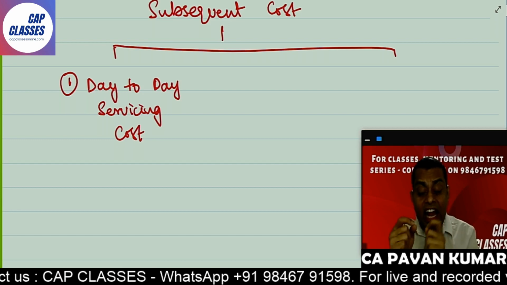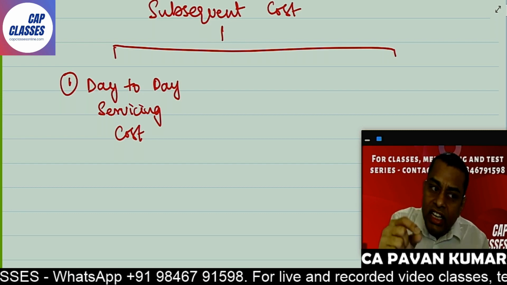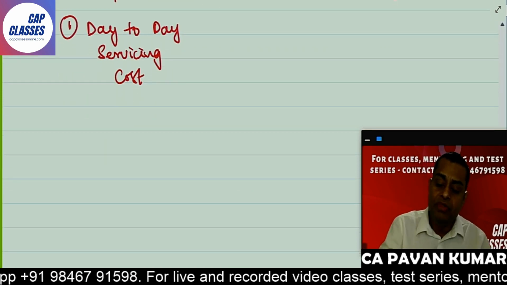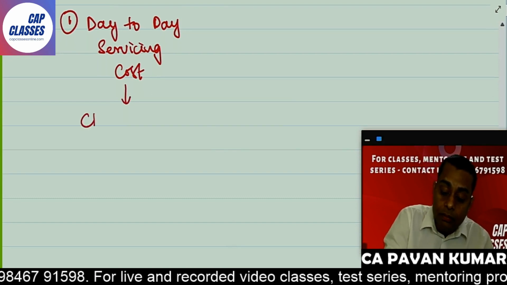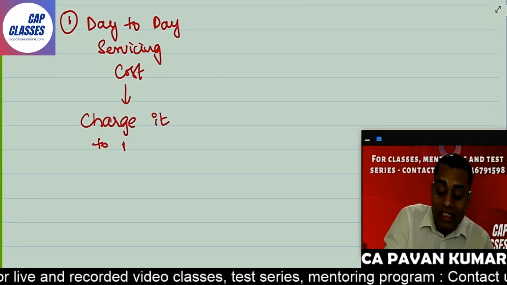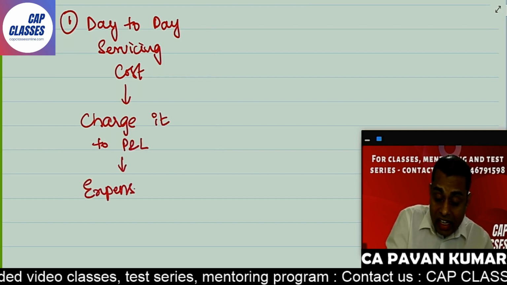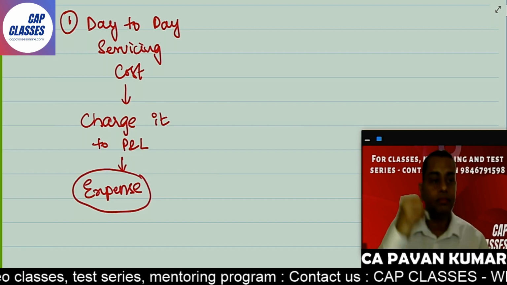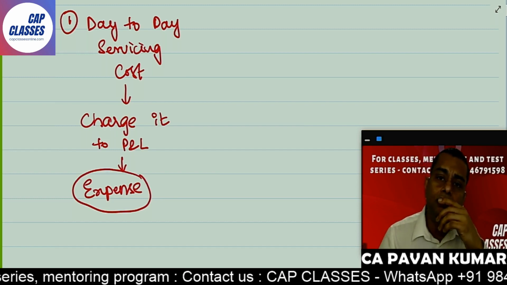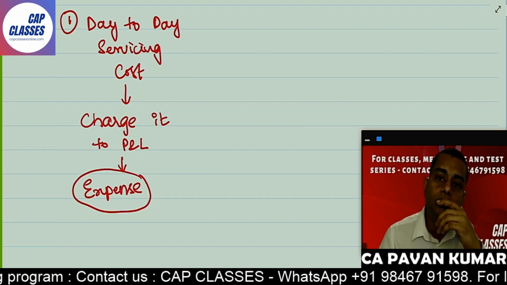So this day-to-day servicing cost is there, no? This is essentially in the nature of revenue expense, so this is to be charged to P&L. This is an expense. As simple as this. Charge it to P&L. You understand?